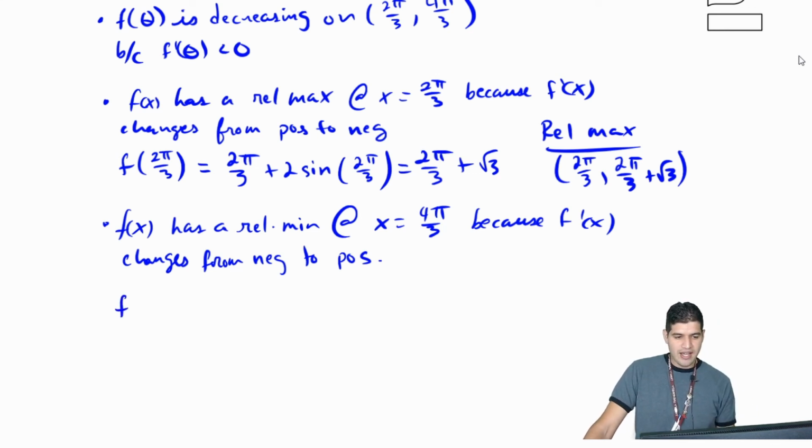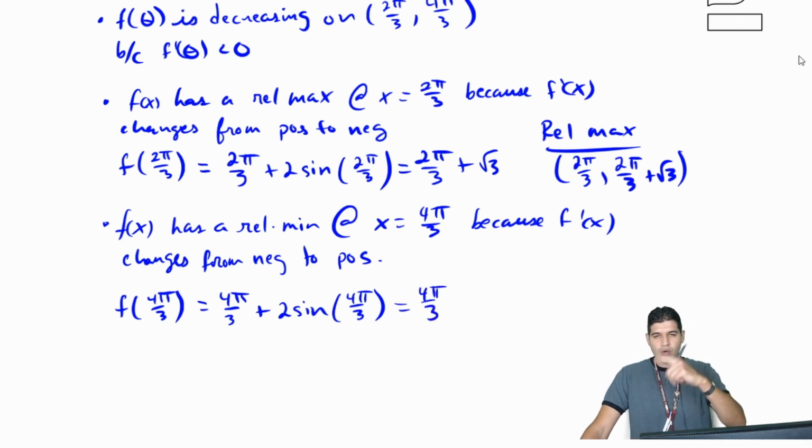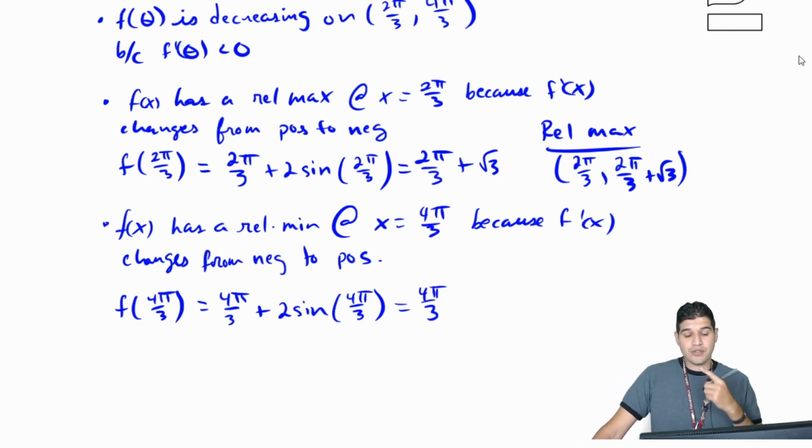So we'll find f of 4 pi over 3. And so that's going to be 4 pi over 3 plus 2 times sine of 4 pi over 3. Sine of 4 pi over 3 is negative square root of 3 over 2.